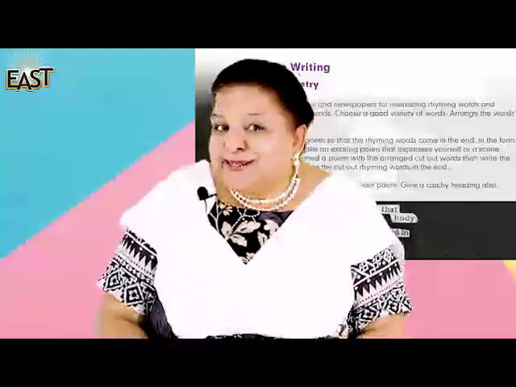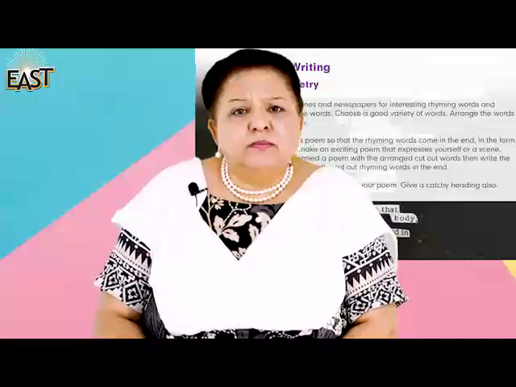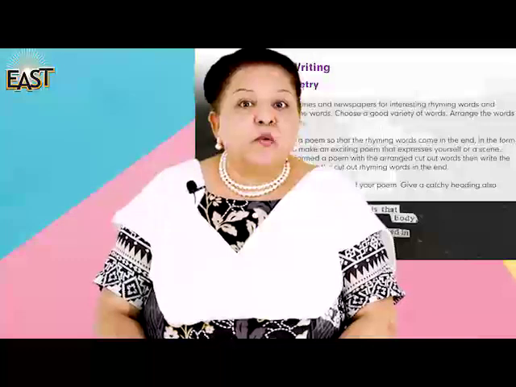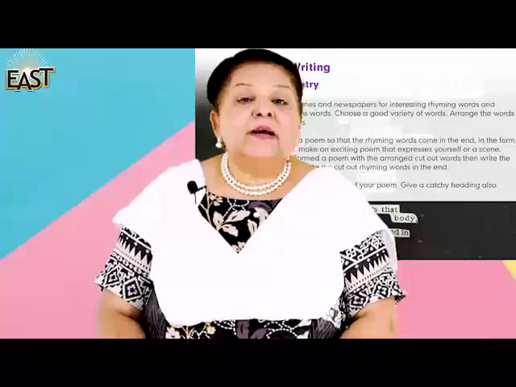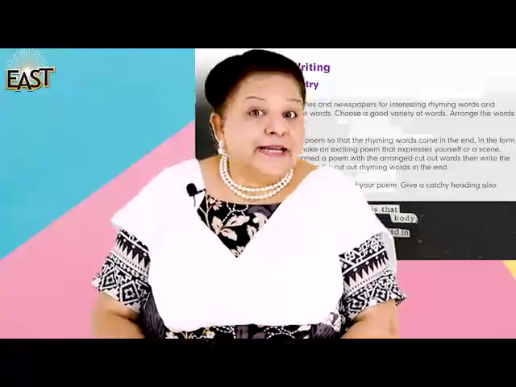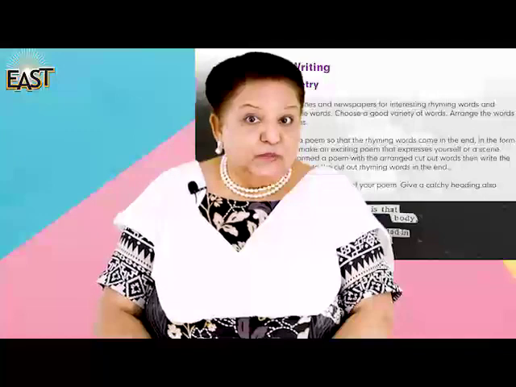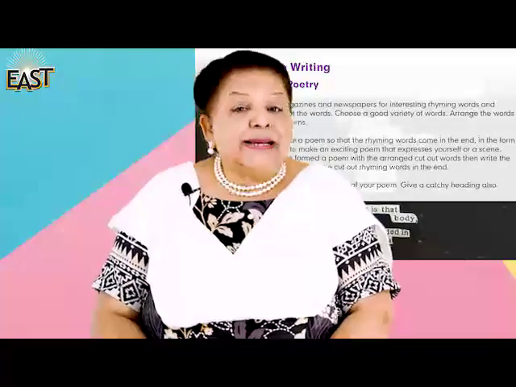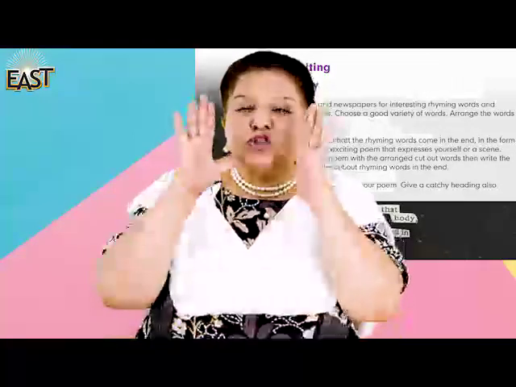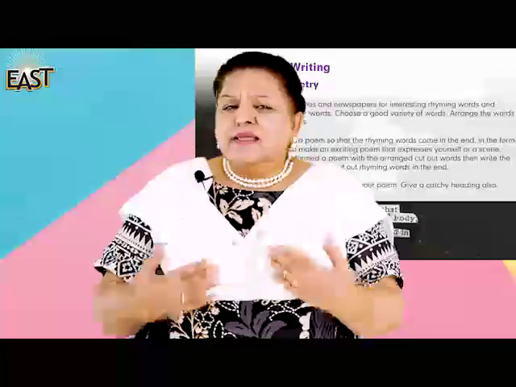So what you're going to do is, if you've got yellow, bellow, shout and out, you can say there was a yellow fellow who was hitting the bellow. Yellow fellow hitting the bellows. Shouting out. Okay, things like that.